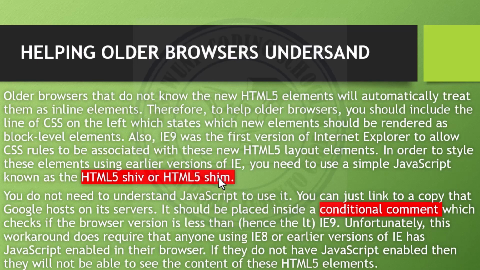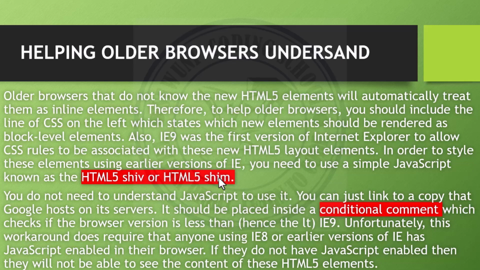Now, helping older browsers understand or render HTML5. I told you one of the key things we are looking at in this chapter is to help old browsers. Old browsers do not know the new HTML5 elements, and they will automatically treat them as inline elements.